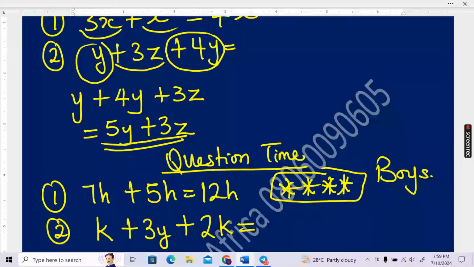Not the two males are not correct. Let's see those who got the right answer.